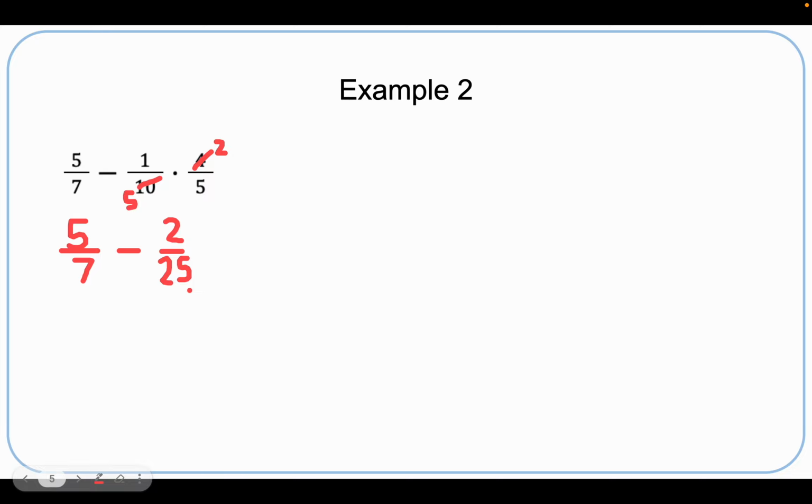Now we need a common denominator here, which we'll just have to get by multiplying 7 and 25. So let's do this. 7 times 25 would be 175.